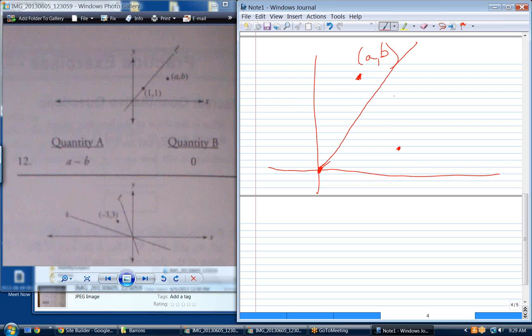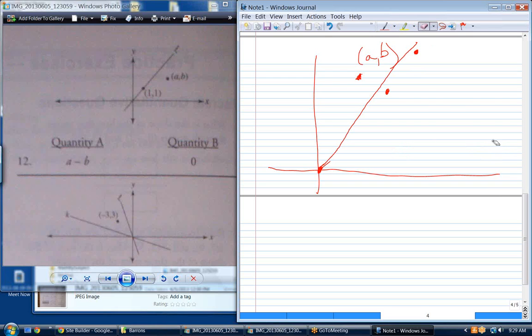Oh, okay. If I put a point right there, it's too close for me to tell. And if I put a point way up there, it's still too close for me to tell. So the only ones I can tell are the exaggerated ones like that. But the fact is that it's the same no matter where. A has to be larger than B. The x coordinate has to be greater than the y coordinate.